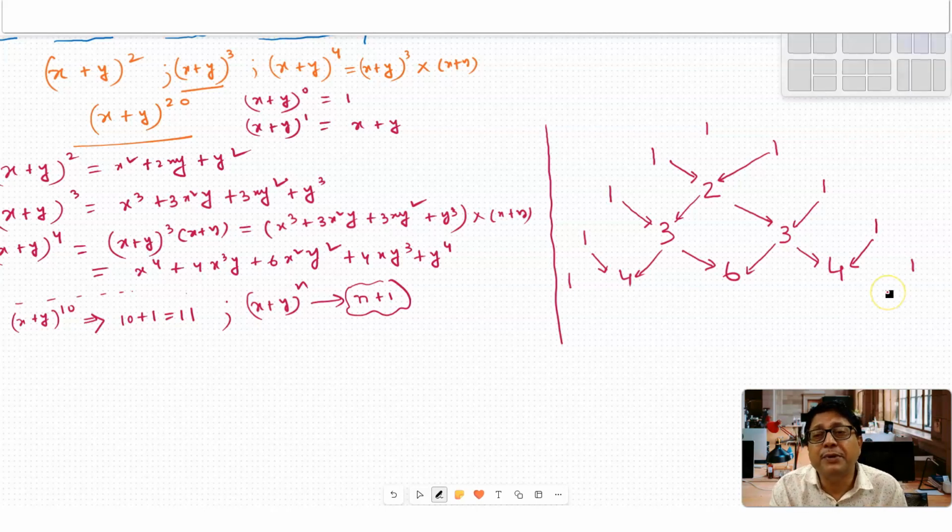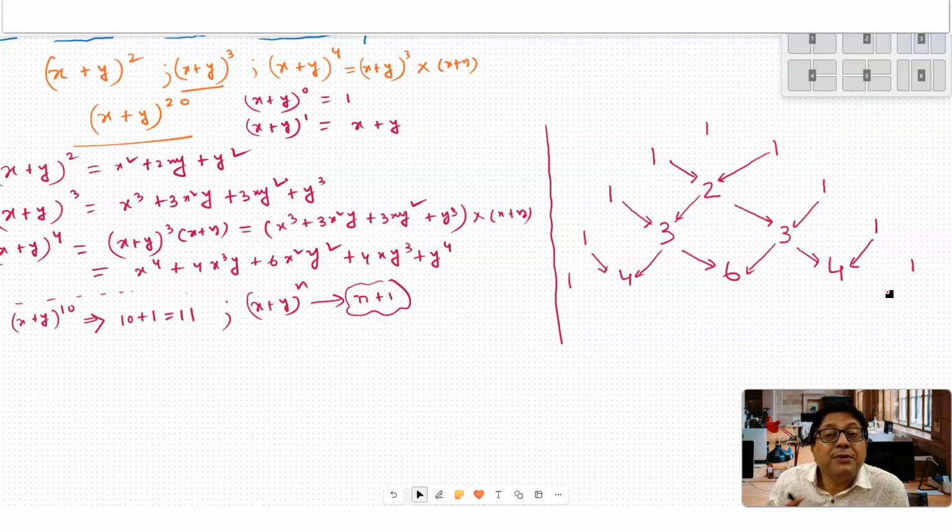Secondly, any term you get is the sum of the term just before it and just after it in the previous row. Here how to get? Nothing is there means 0 is there. So 1 is 0 plus 1. Same manner, this one also 0 plus 1. I did not write those coefficients here. We have started from here.